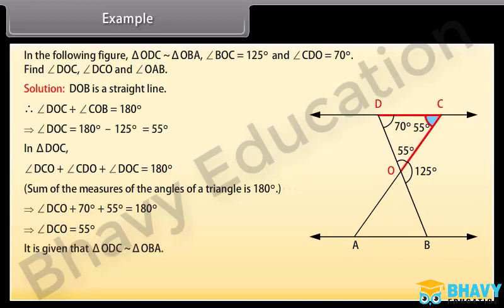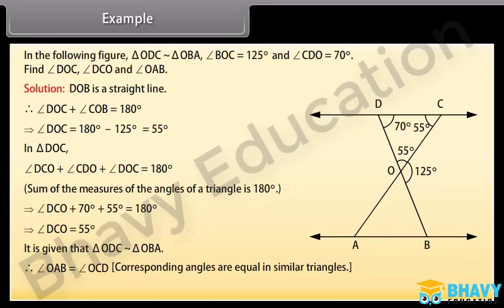It is given that triangle ODC is similar to triangle OBA. Therefore, angle OAB equals angle OCD. Corresponding angles are equal in similar triangles, which implies angle OAB equals 55 degree.